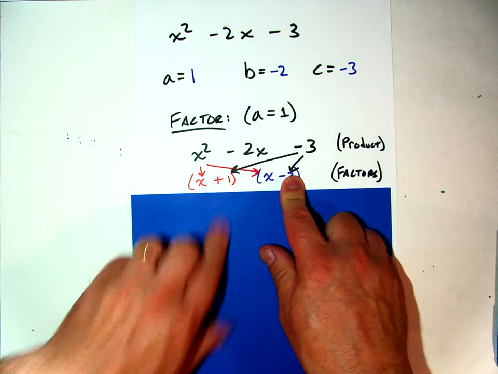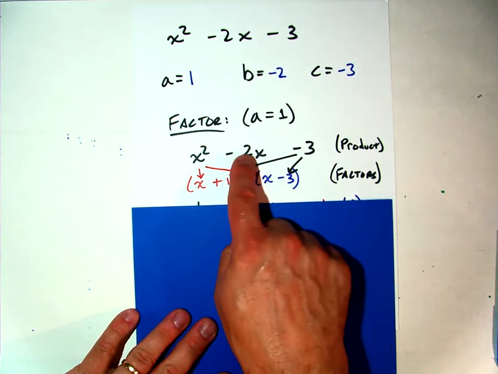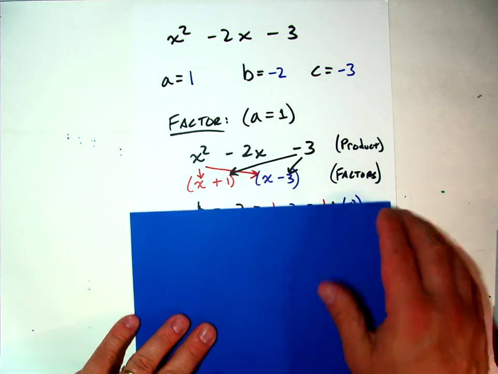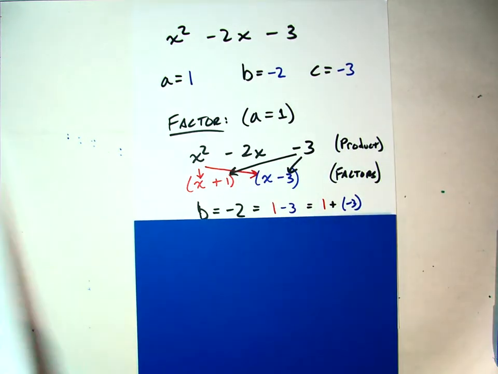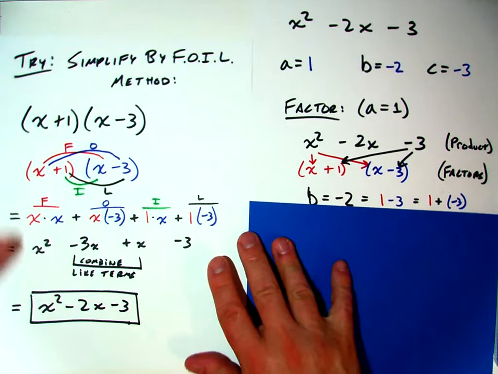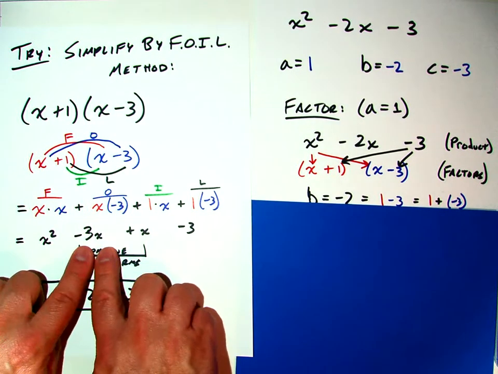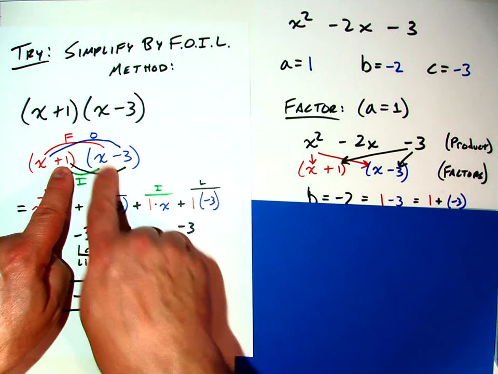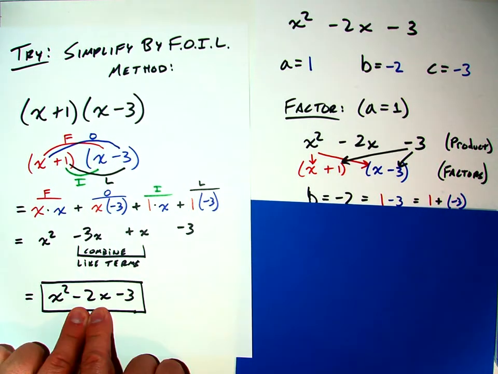So that's pretty straightforward. The question is, what produced the b term of the -2x? The b term came from doing the outside, the x times the -3 was -3x, and the inside, the 1 times x was 1x, and then we combined them, the -3x plus the 1x gave us the -2x.